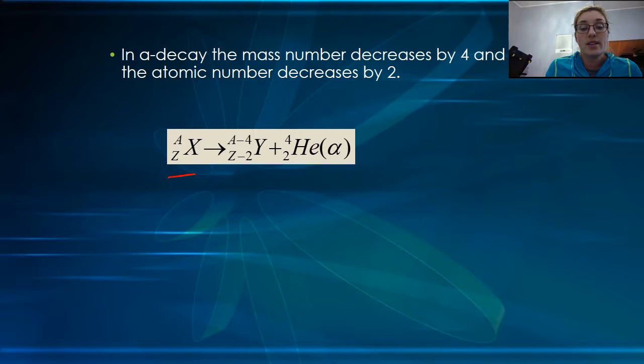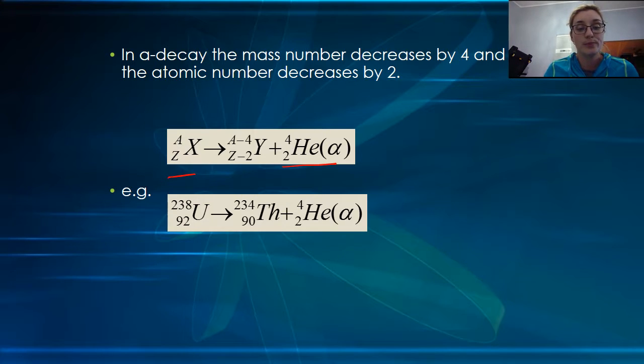We can see that after the decay has happened, our atomic number is reduced by 2 because it's lost 2 protons, and its mass number is reduced by 4 because it's lost a total of 4 nucleons, and they have been taken by this alpha particle, or this helium nucleus. So if you added up the total number of nucleons on each side of the equation, it would still be equal.